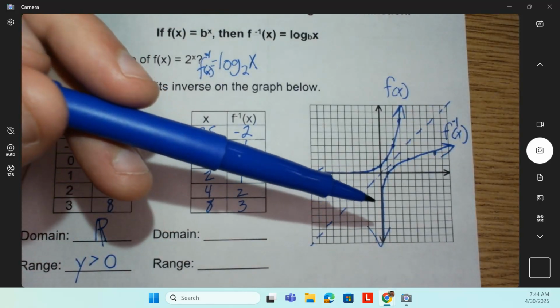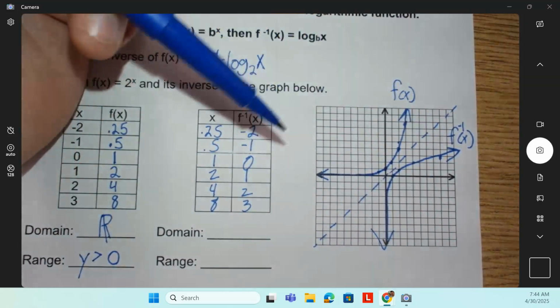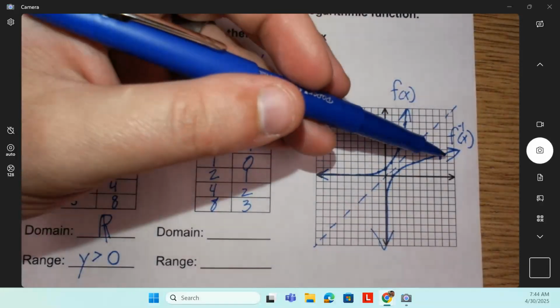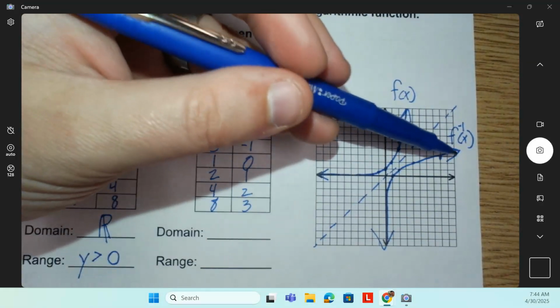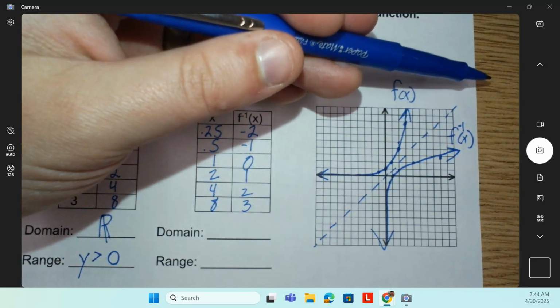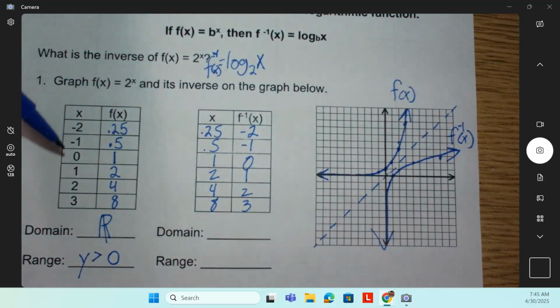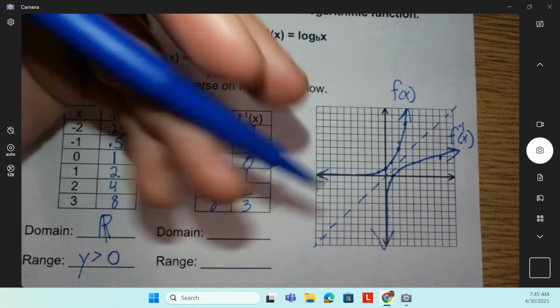And looking at my inverse function, we're kind of swapped here. So it's going definitely down, and it goes up and out, but as it continues to go up, since there's no value I can't put in for x here, that means there's no value that can't be y here.